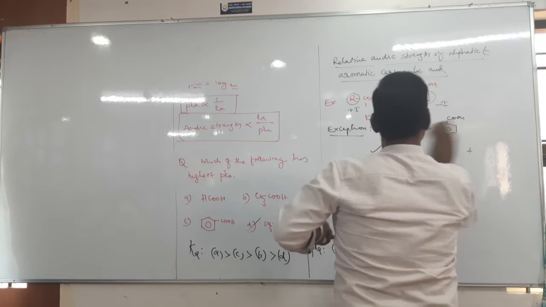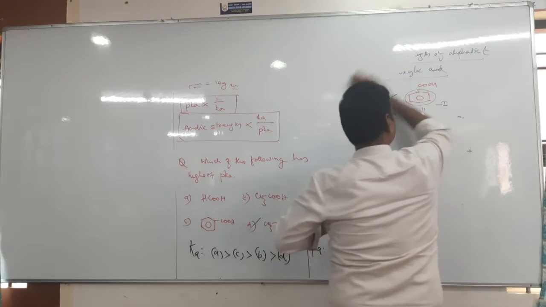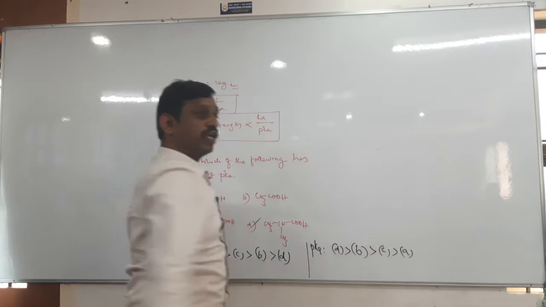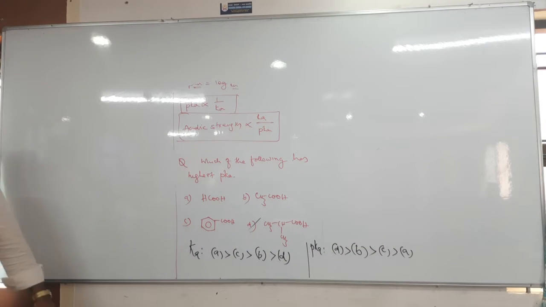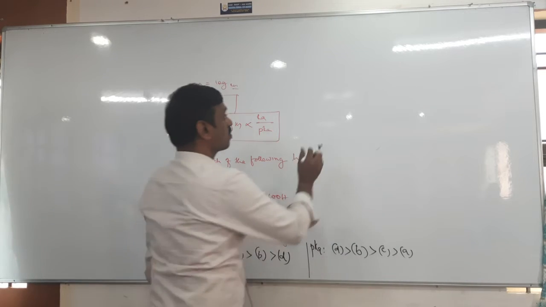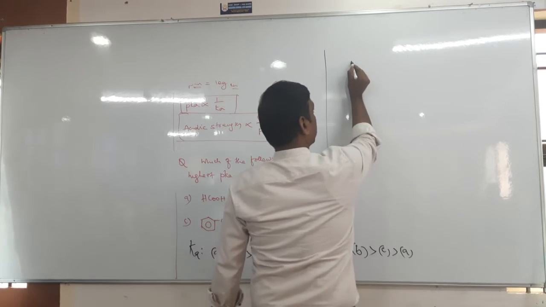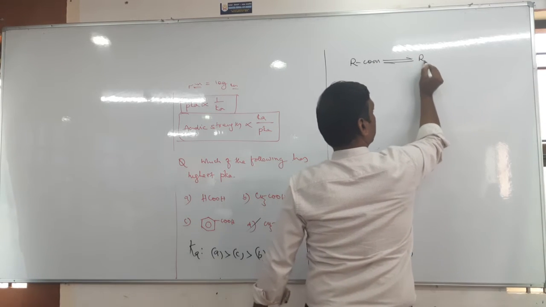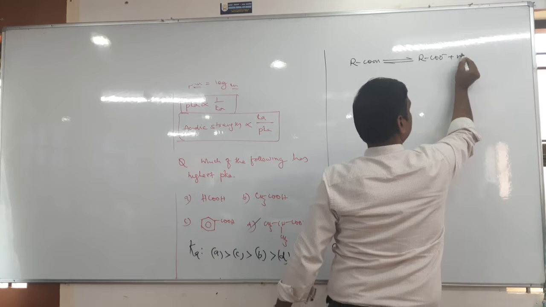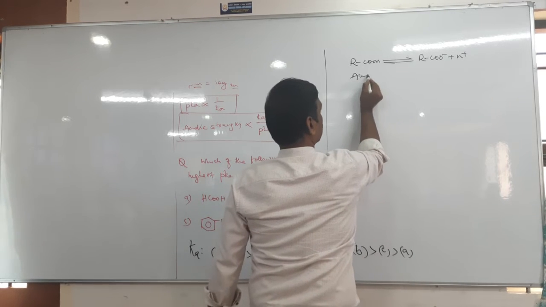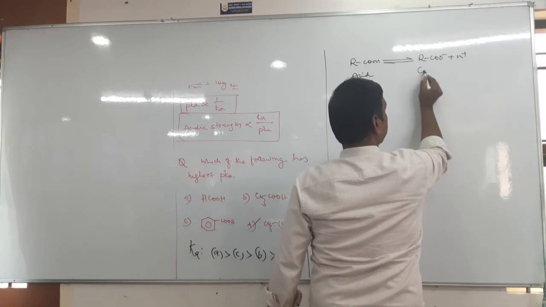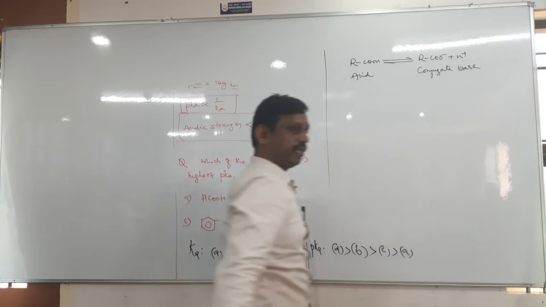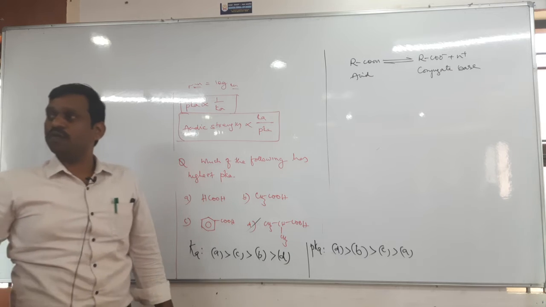Okay, next, in chemical equilibrium we also study conjugate acids and conjugate bases. For example, let us take carboxylic acid, which undergoes dissociation and gives carboxylate ion plus H plus ion. It is an acid. So remember, an acid always gives a conjugate base. Any acid donates a proton to form a conjugate base.